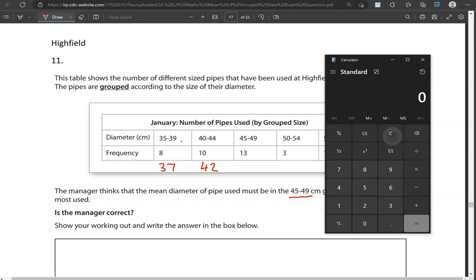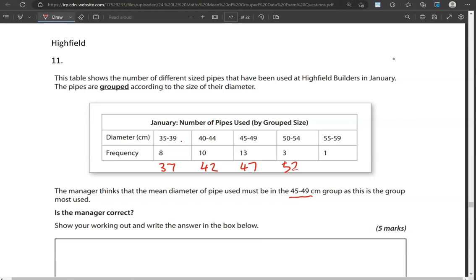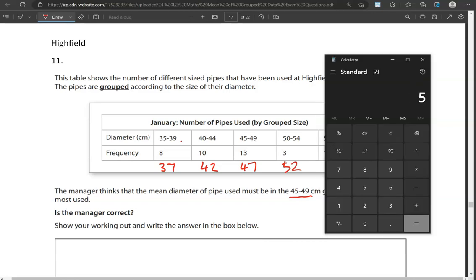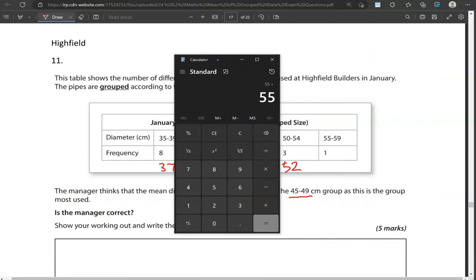The midpoint between 45 and 49 is 47. 50 and 54, 52. Between 55 and 59, it's 57.